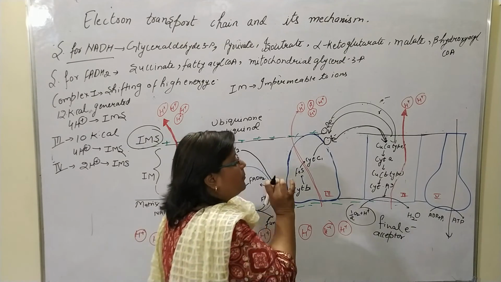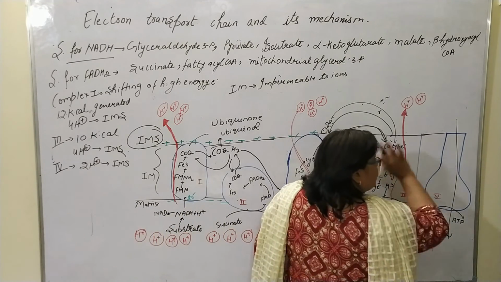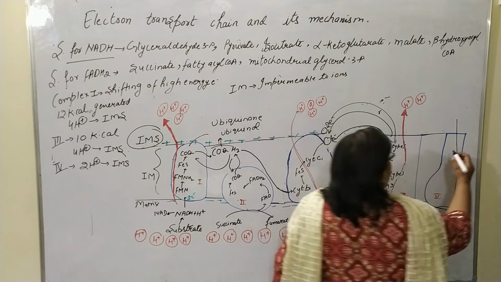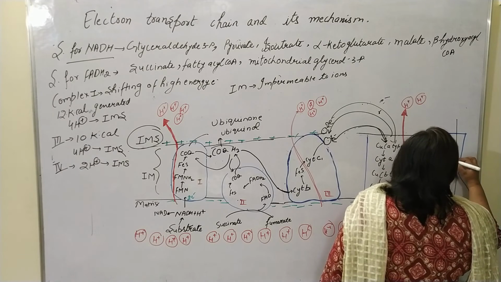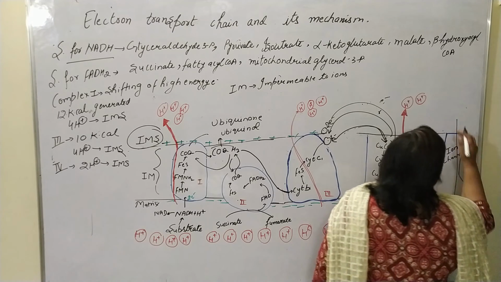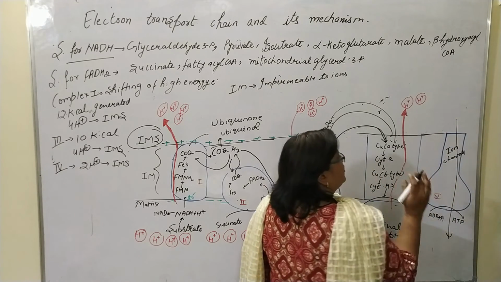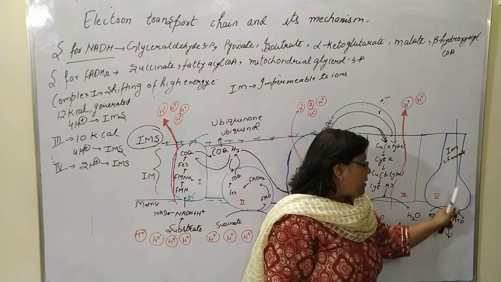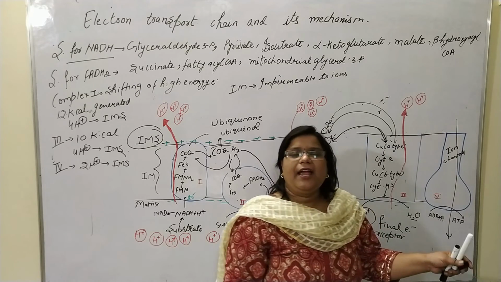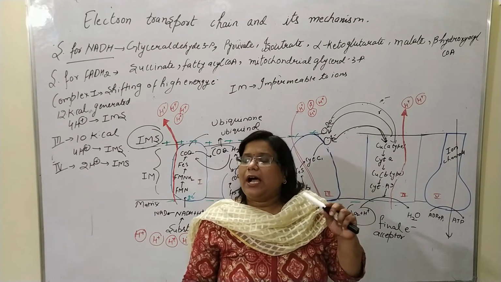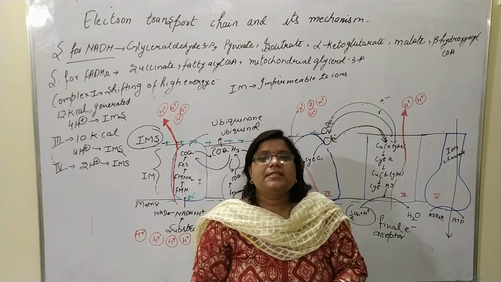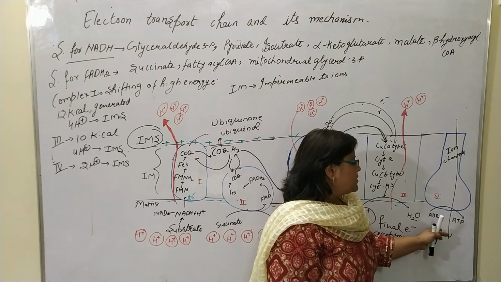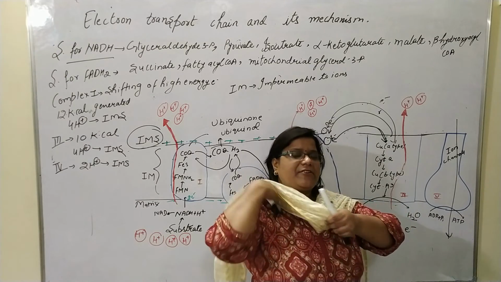Then the proton channels come in. Now complex 5 comes into action, the ion channels which are present in complex 5. So these protons are pumped back into the matrix through the ion channels.